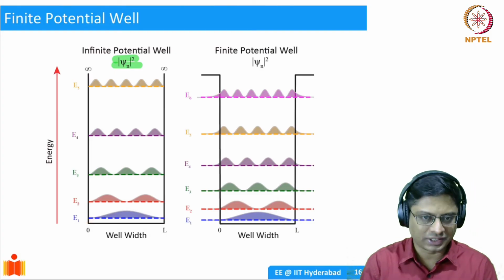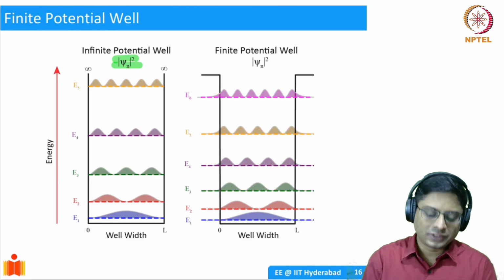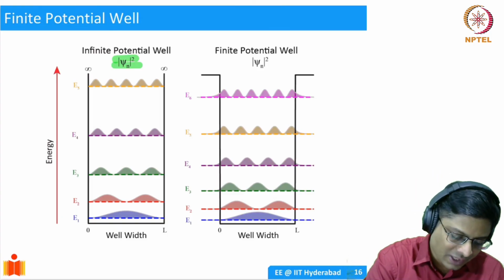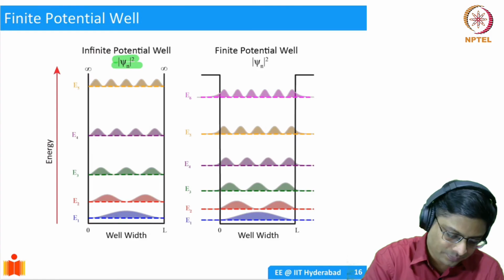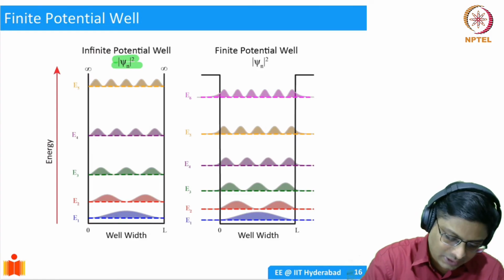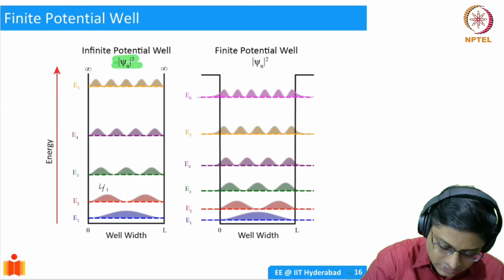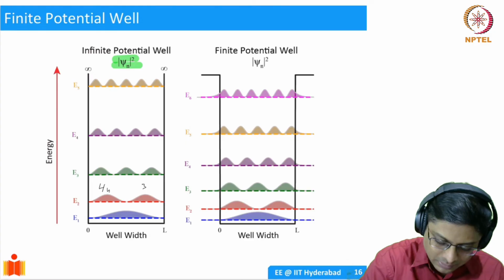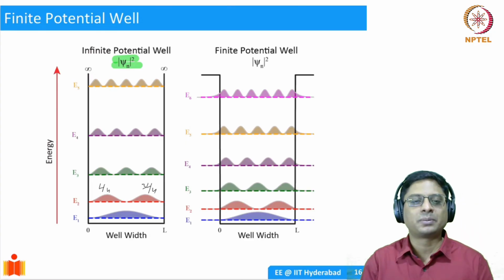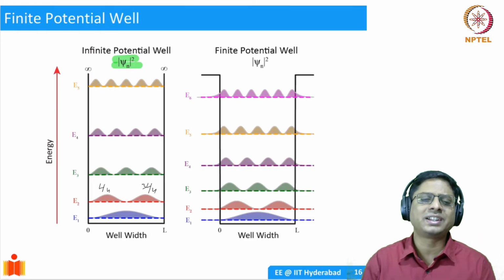This is said to be the first state, energy level 1. If the probability is distributed such that you have highest probability at 2 locations, at L by 4 and 3L by 4, the electron is said to be in the second state.